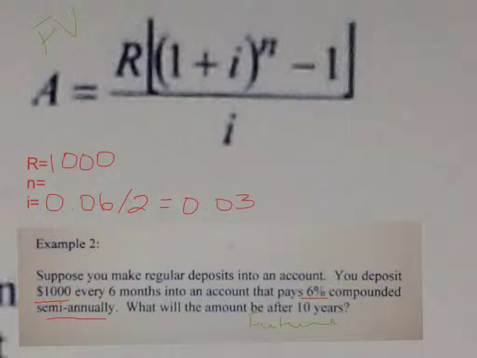And n is, let's see, I'm making it for 10 years, but I'm paying twice per year, so I'm actually going to be making 20 payments. So altogether then I am paying $1,000 20 times, that is every 6 months for 10 years. And the rate that I'm earning each period is 3%.